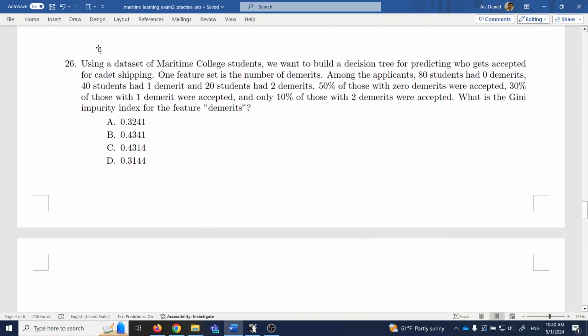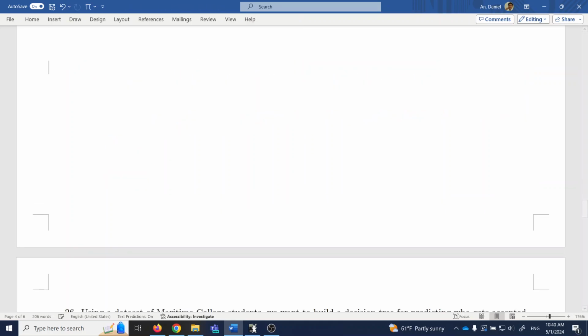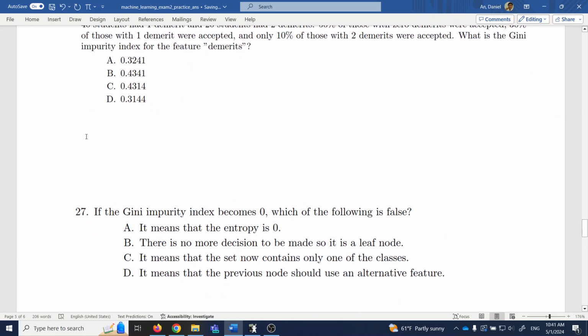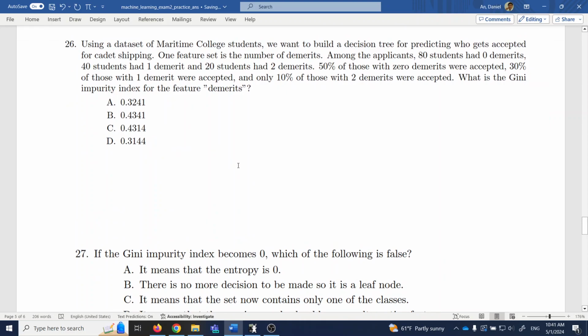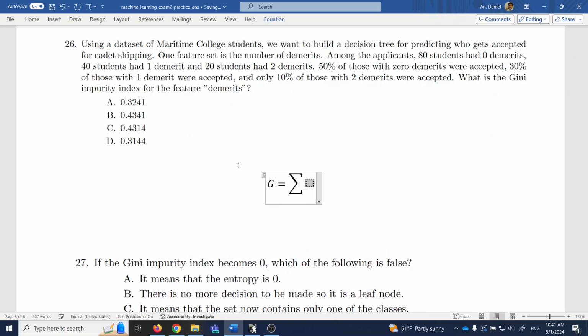Okay, so for the Gini impurity index, you need to just use the formula, which is the Gini impurity index is the sum of pi times 1 minus pi. Alternatively, you can do 1 minus the sum of pi squared.